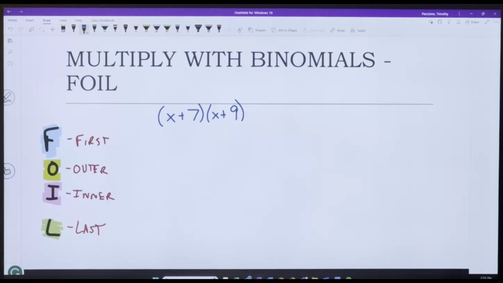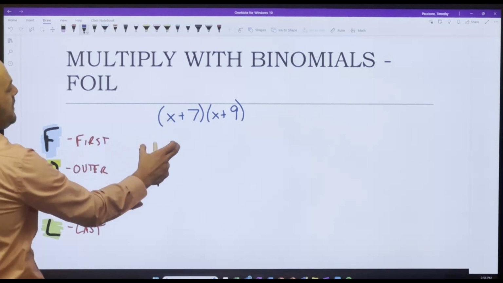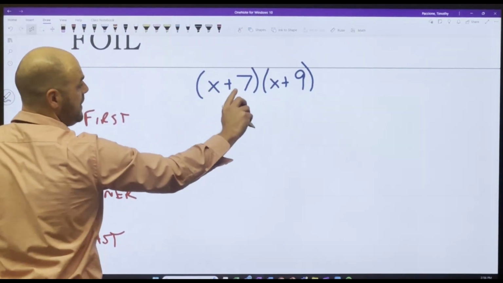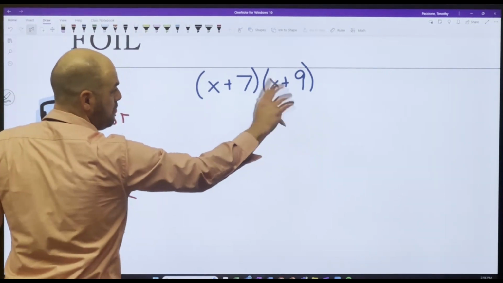Now, when you multiply using FOIL, what you do is you use FOIL to make sure you multiply everything you need to multiply. Because if this group is being multiplied by this group, well then this has to be multiplied by everything, and this has to get multiplied by everything. Both of them do.